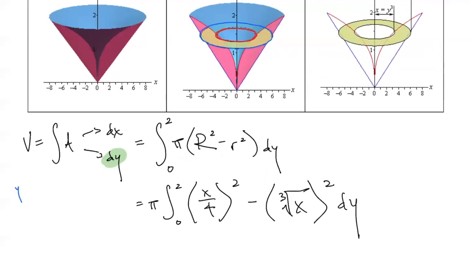So we said y equals x over 4. That means x equals what? Good. x equals 4y. So that means that I'm going to replace x over 4 with 4y.